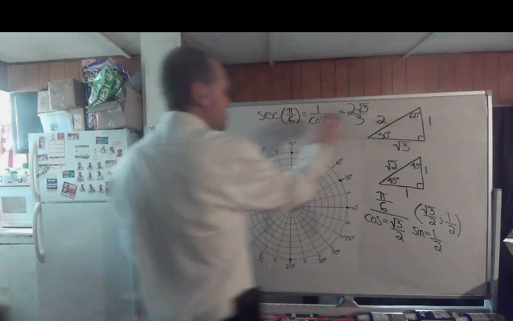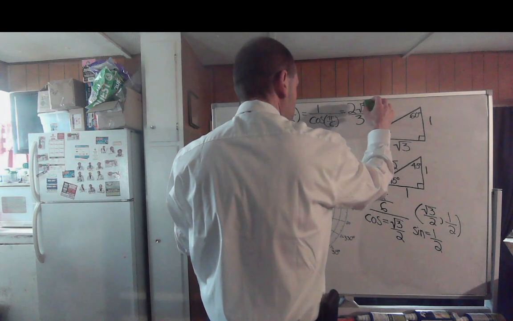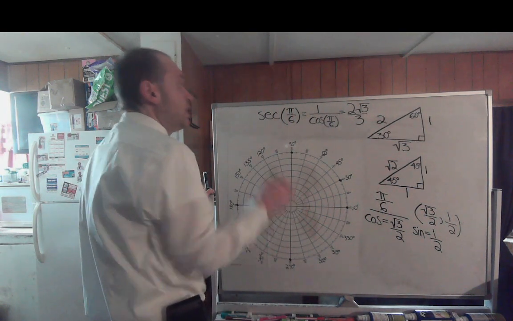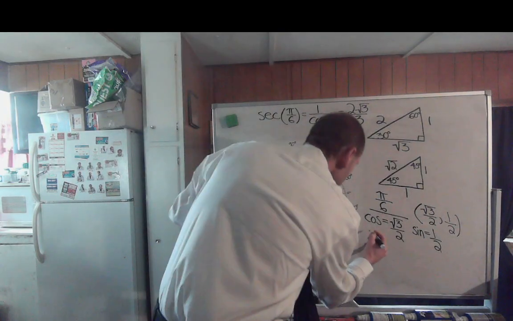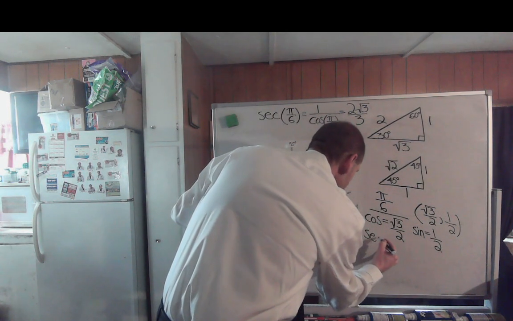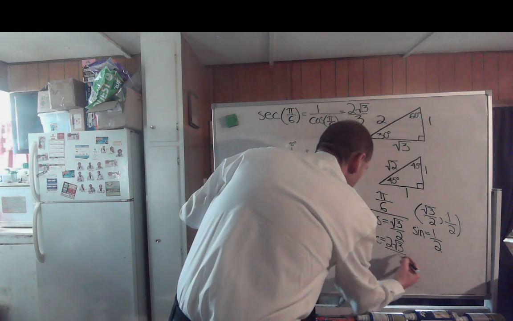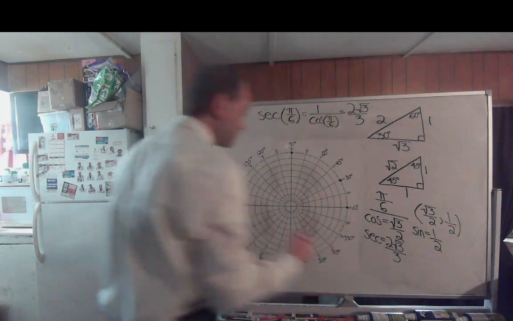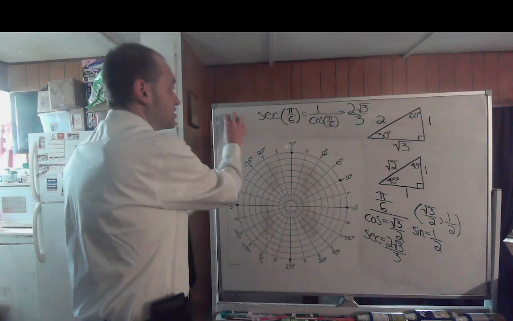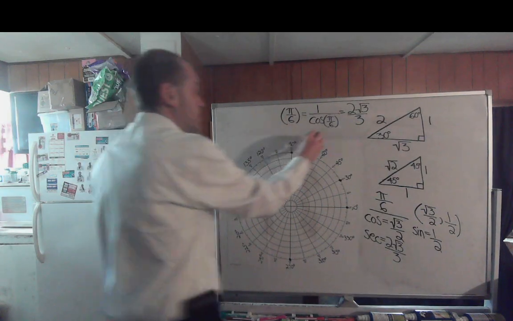So you would get a secant equal to 2 times the square root of 3 over 3. Alright, so the cosecant should be pretty straightforward.